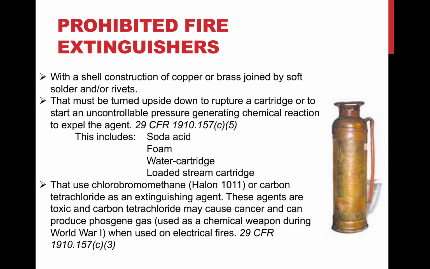You cannot use extinguishers that use chlorobromomethane, or in other words, halon 1011, or carbon tetrachloride as an extinguishing agent. These agents are toxic and can cause cancer and can produce phosgene gas when used on electrical fires. And this is outlined in the OSHA guidelines 29 CFR 1910.157(c)(3).